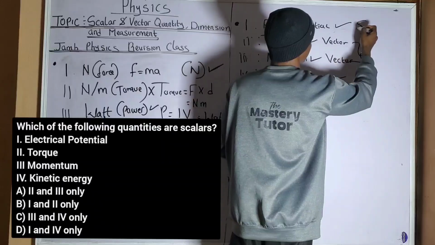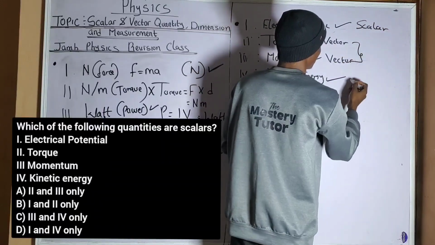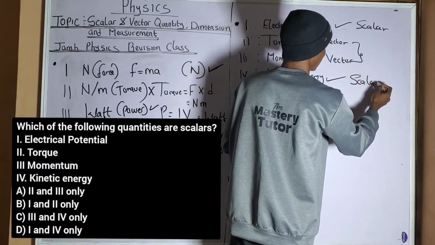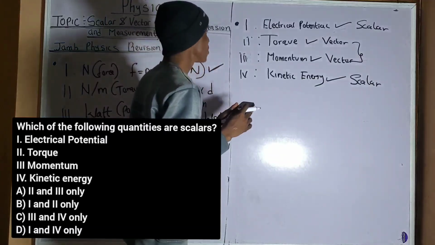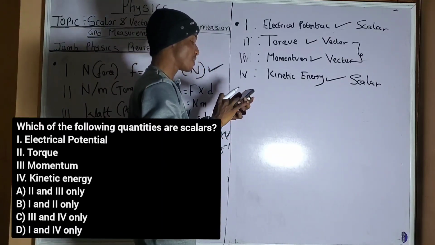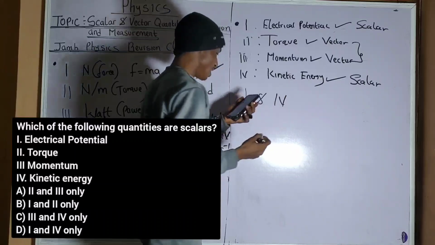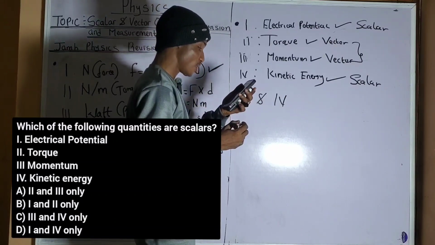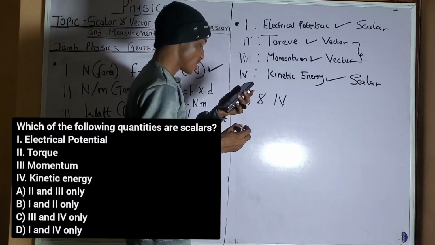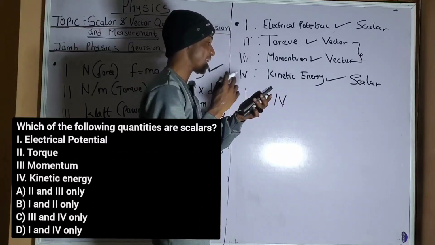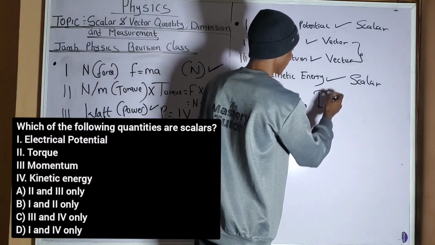These are scalar quantities. So that means among all these, the scalar quantities that we have are I and IV. They are scalar quantities. Do you understand? So the correct option to that question is option D, which is I and IV. Option D is correct for this.